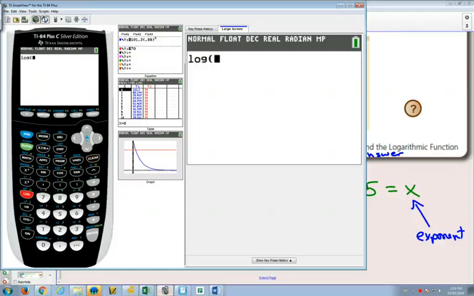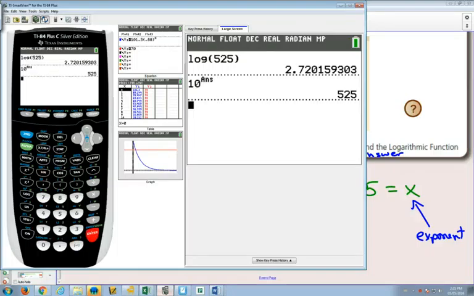This log button automatically has a base of 10. So for log base 10 of 525, we can just type it into our calculator and find out that the answer is 2.7201. To check, 10 to the power of that answer should equal 525. And it does perfectly.